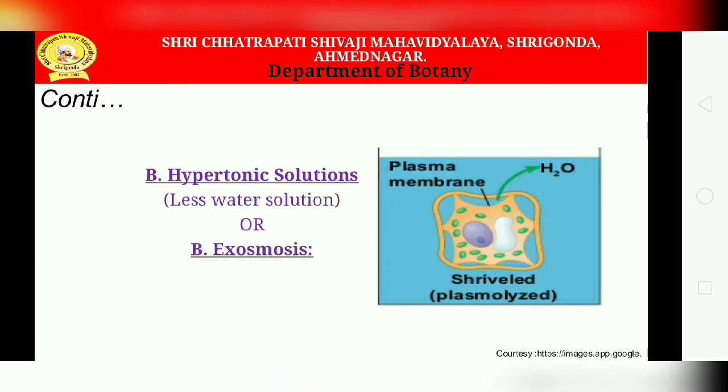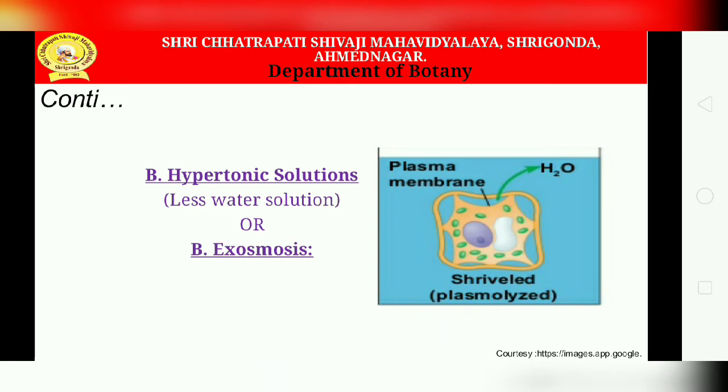If a cell is placed in such a solution, water will diffuse out of it, so the protoplasm will contract, or shrink. This solution contains less water, so it will absorb the water content present in the plant cell.